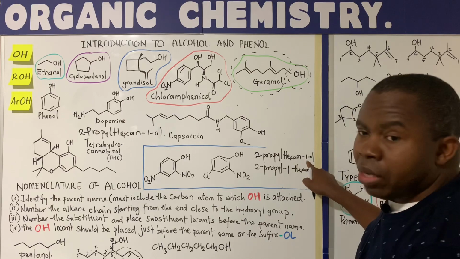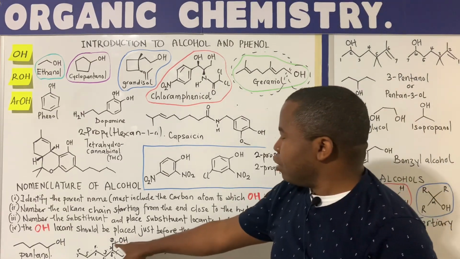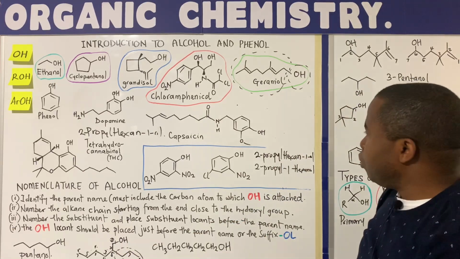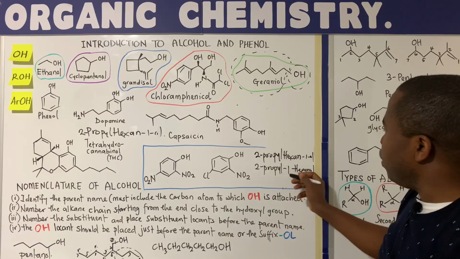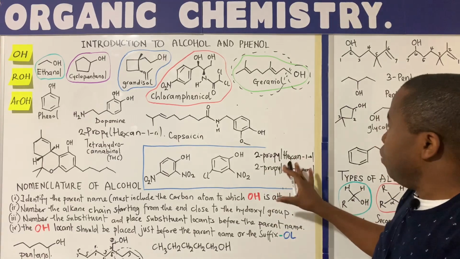That is one that we have here, because the OH group is attached to the first carbon atom in the parent structure of the molecule. So either 2-propyl hexane 1-ol or 2-propyl 1-hexanol is correct. Both of them are correct.